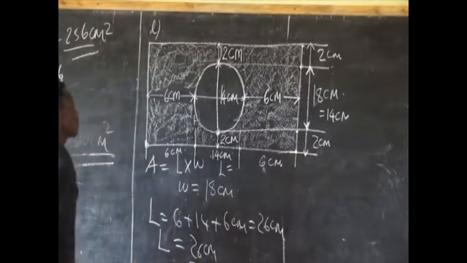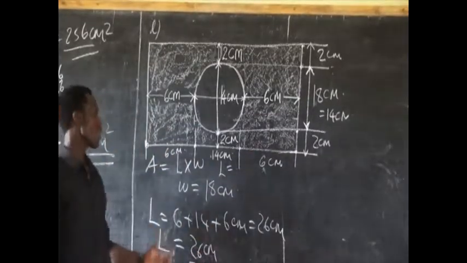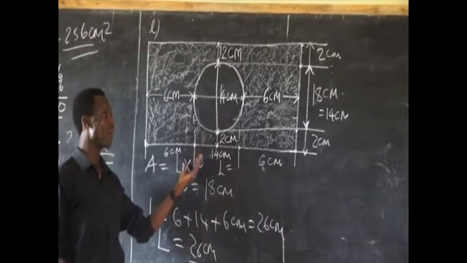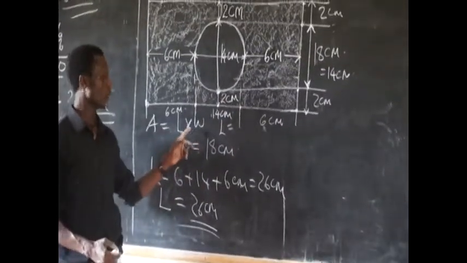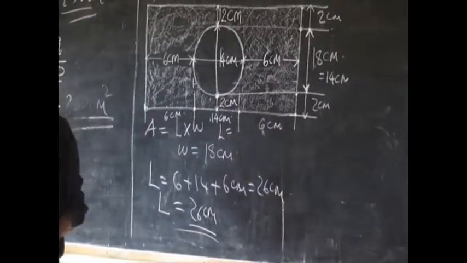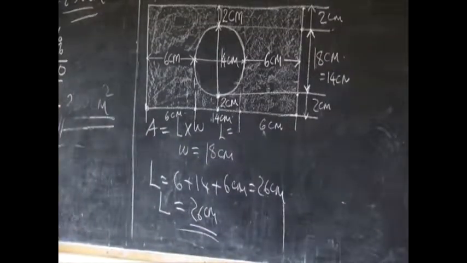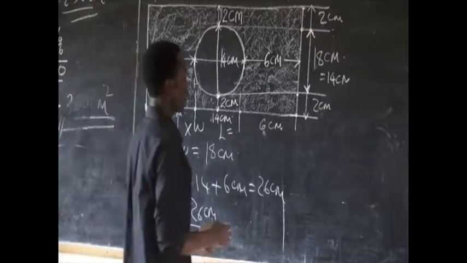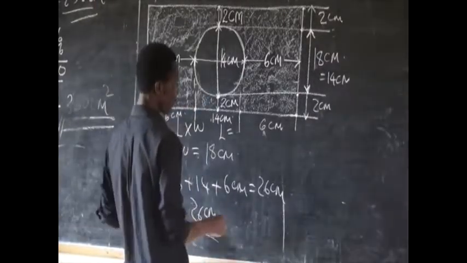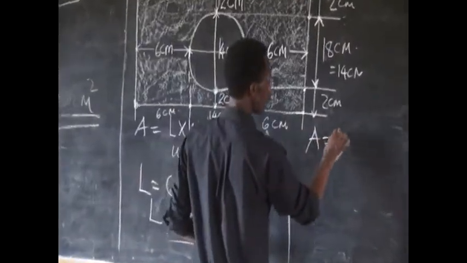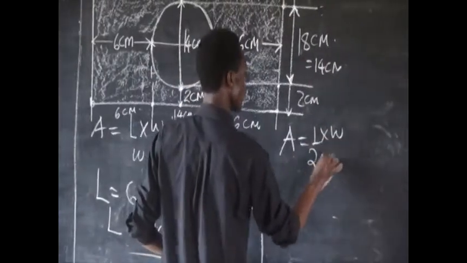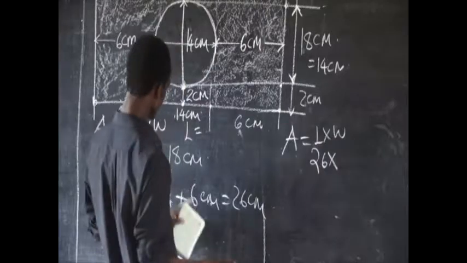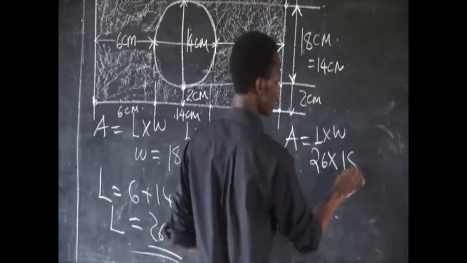Now going back to the formula, area is equal to length times width. Length is 26 and width is 18.